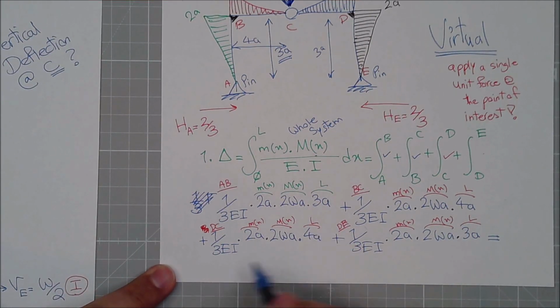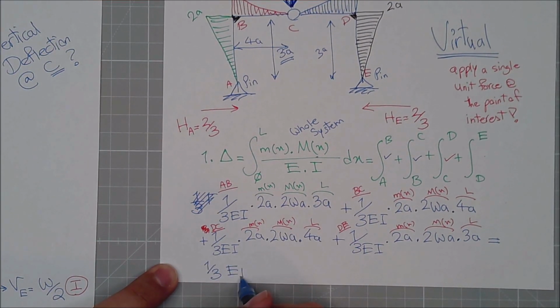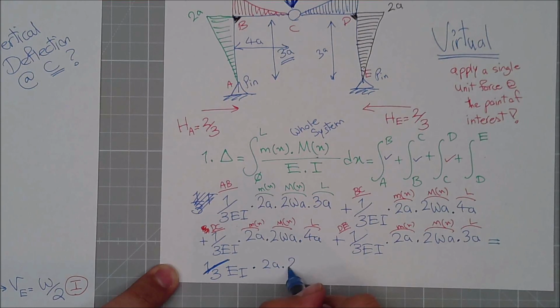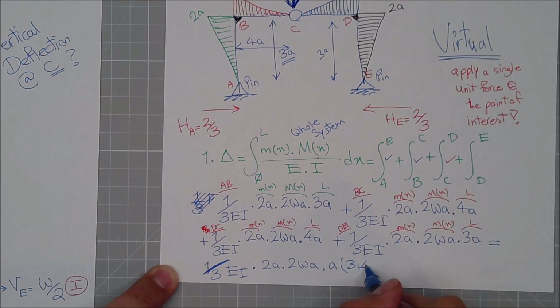So it will be equal to 1 over 3 EI, all of these are under this, times 2a, 2wa, I'm just getting a factor out of all of these, times 1a times 3, 4, 4, 3, 3 plus 4 plus 3 plus 4.